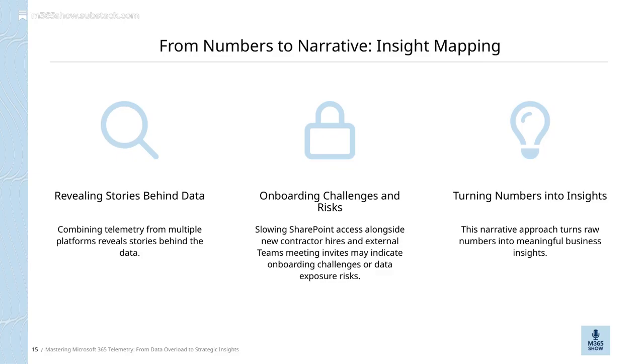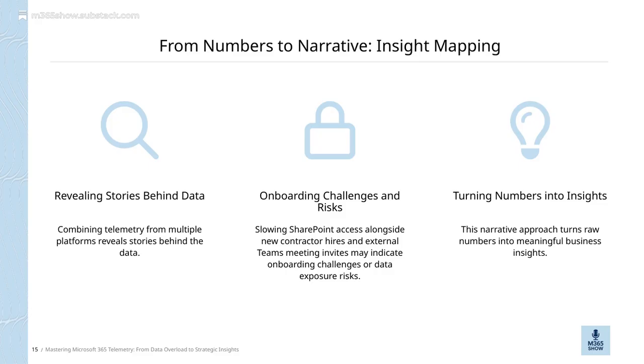Now, this slide highlights how a narrative approach can transform raw data into meaningful business insights. Instead of just looking at numbers, we interpret what they actually mean for the organization. For example, when we see a slowdown in SharePoint access coinciding with new contractor hires and more external teams meeting invites, that can signal onboarding challenges or potential data exposure risks. It's about connecting the dots and understanding the story behind the data.